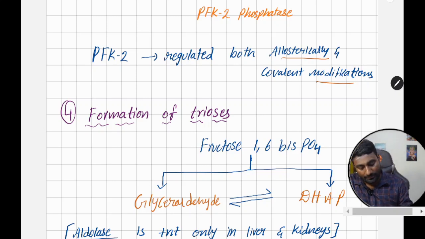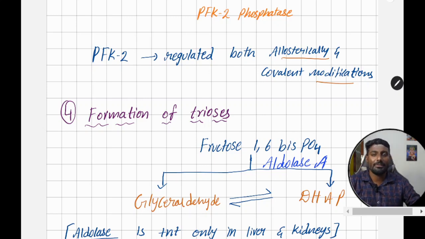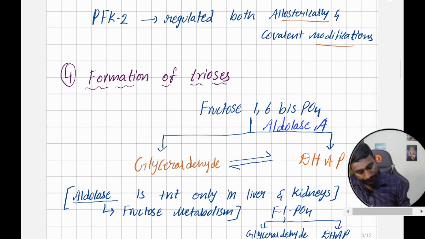Very good. Aldolase A. Okay, don't get confused with aldolase A and aldolase B. Now, aldolase B is usually present in liver and kidneys and it helps in the fructose metabolism. Aldolase B is usually present in liver and kidneys.